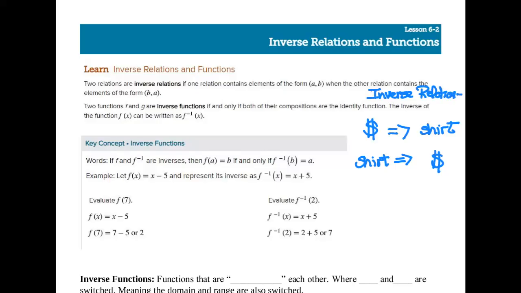An inverse relationship where you take something and it leads you to one thing, and then you start with that second thing, and if you go that route, it will lead you back to the original. All right? That's an inverse relationship.